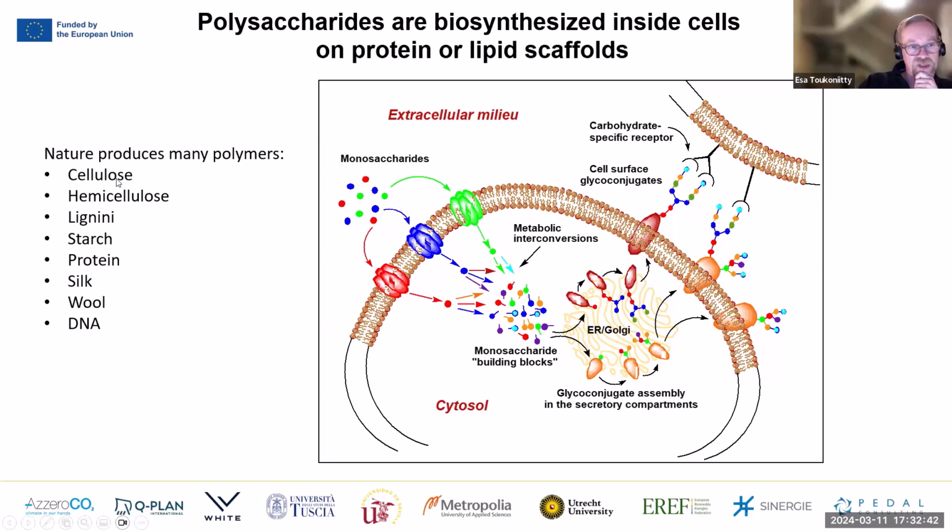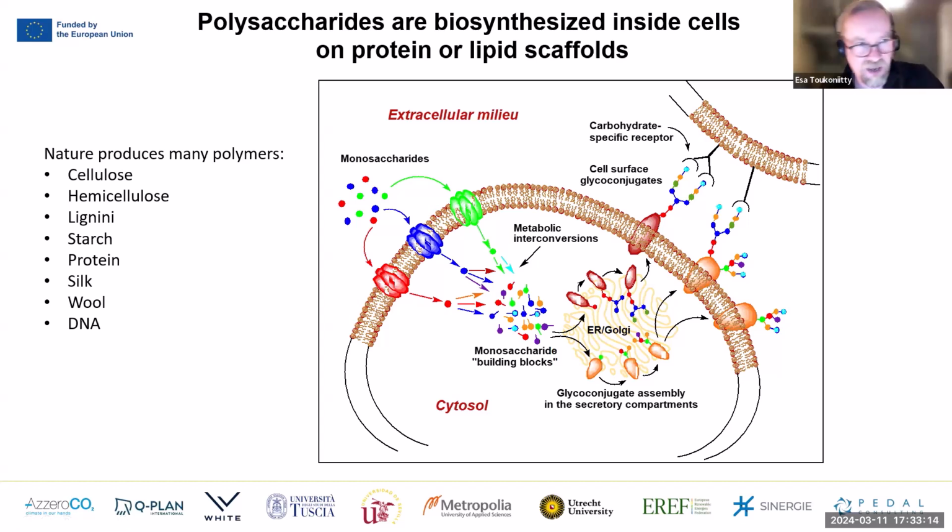Here you'll see cellulose, hemicellulose, lignin. These we have already discussed. All of these are not edible by humans, so human enzymes and digestion cannot easily convert these into energy or valuable nutrition. But starch can be digested by humans, and also protein is a very common polymer.